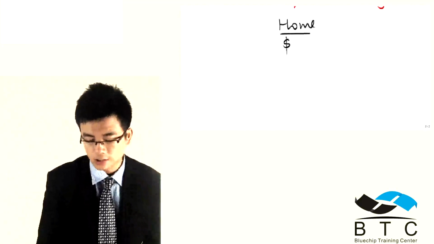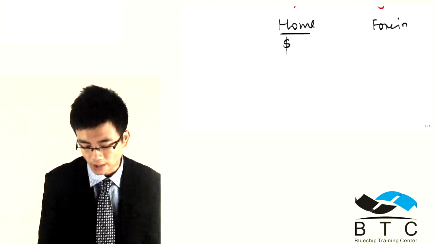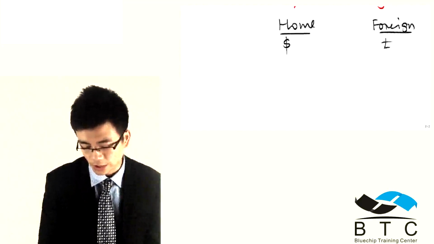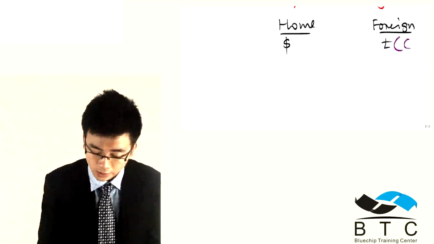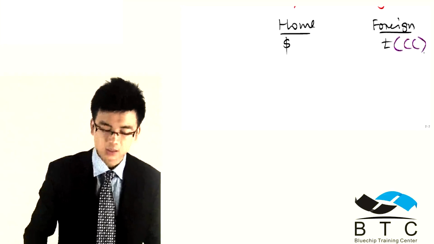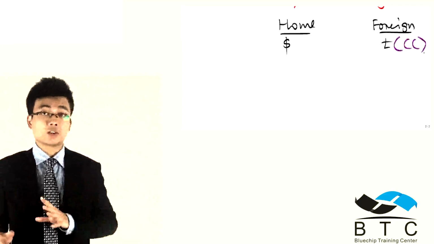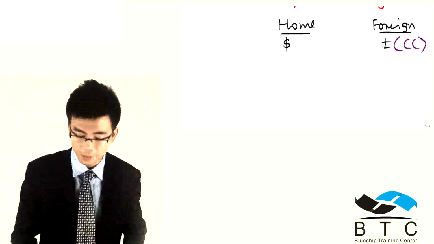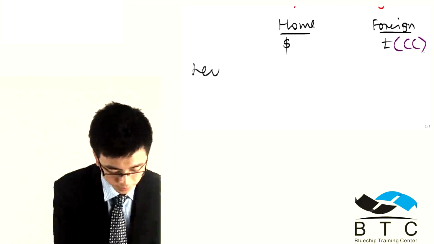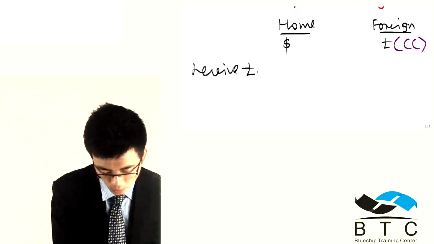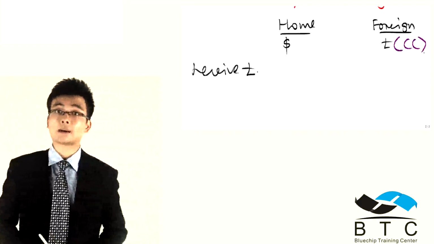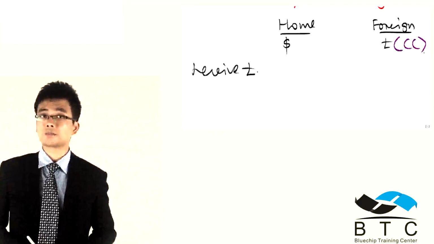If I'm going to give you another example here, the home currency still will be the dollars, and the foreign currency is in the UK pounds. I'm going to tell you that the contract currency is in UK pounds, not dollars anymore. So from that perspective, you're going to receive the UK pounds. What are you going to do?